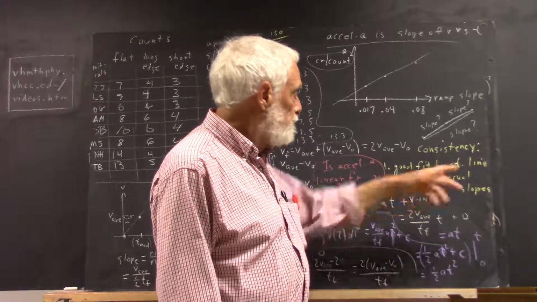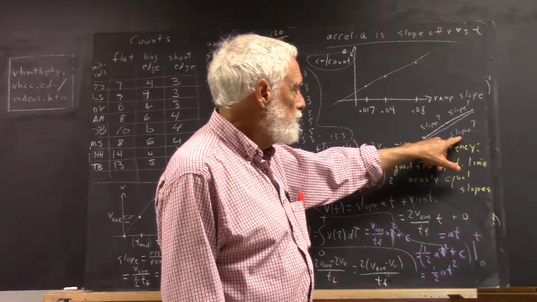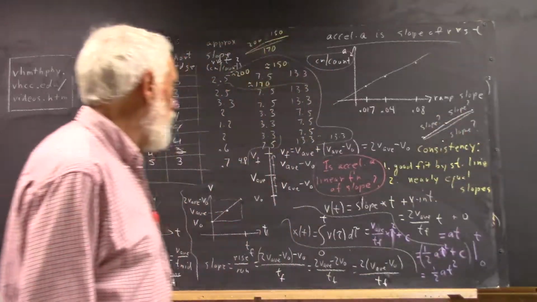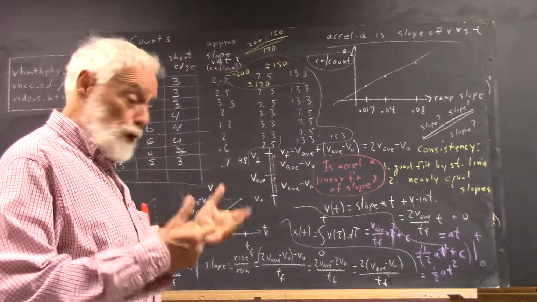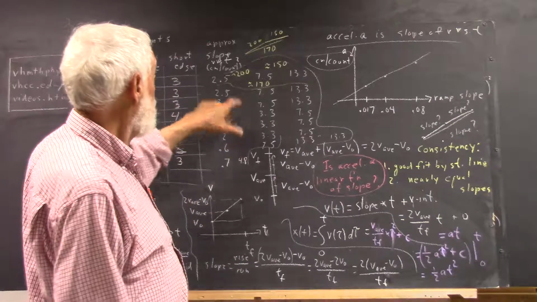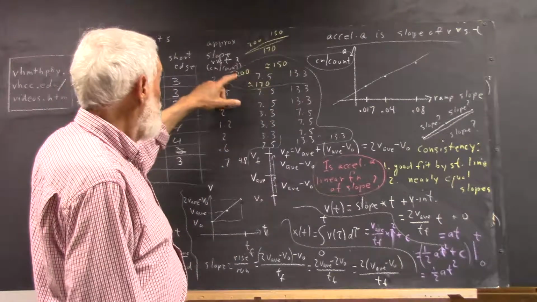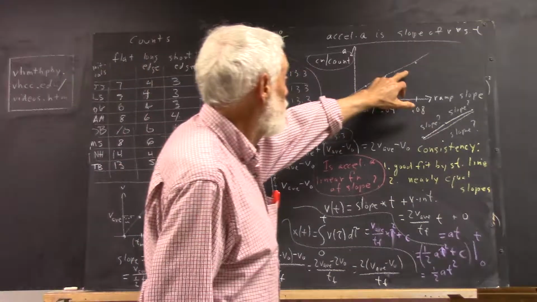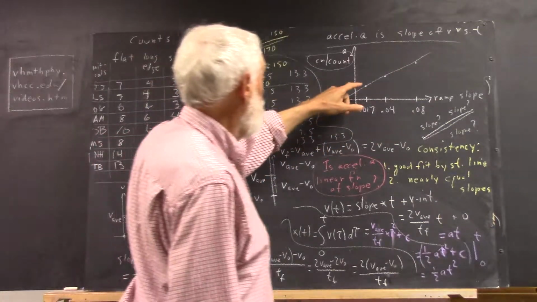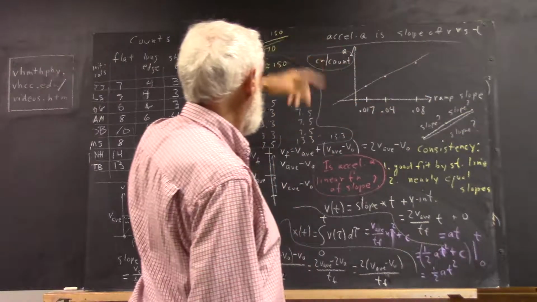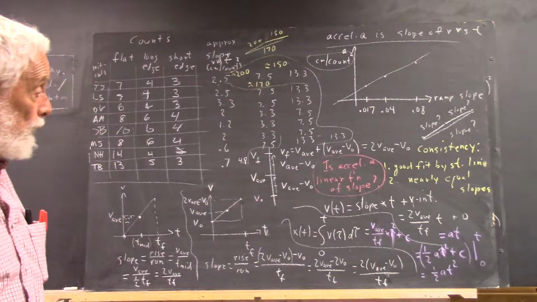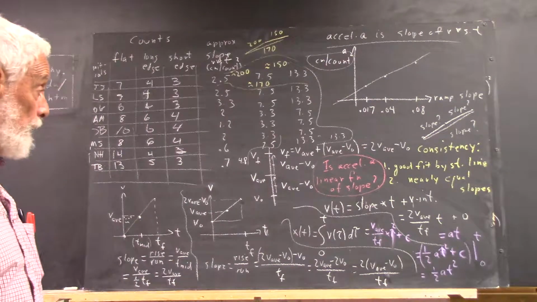People calculated these and got reasonably consistent results. For example, the data we have here gives us approximately 200 for the first slope, 150 for the second slope, and 170 for the slope from here to here. That would be in units of centimeters per count squared, a unit of acceleration, whatever your count might happen to be.